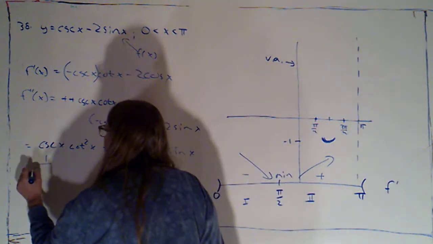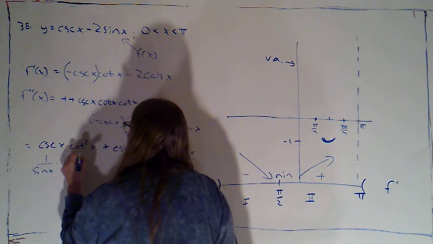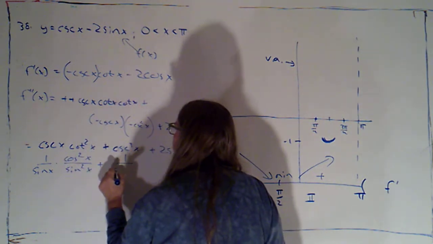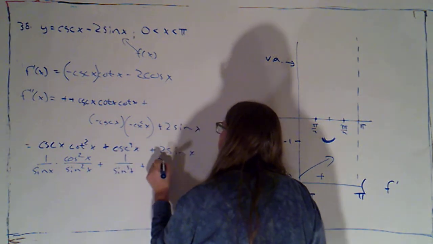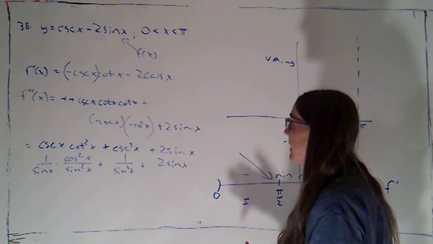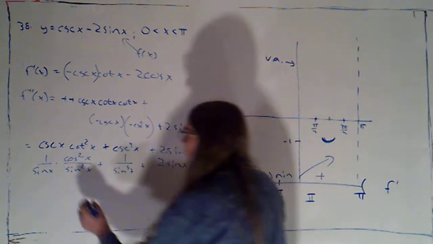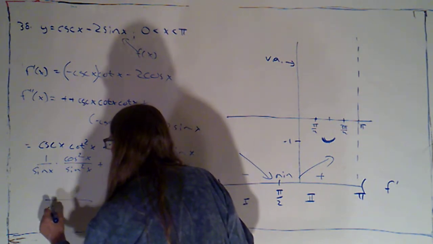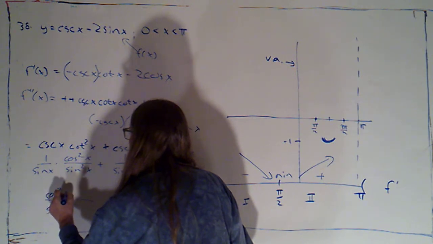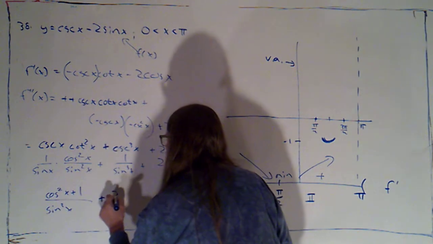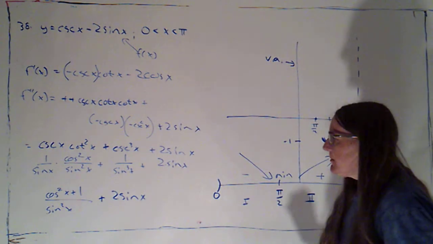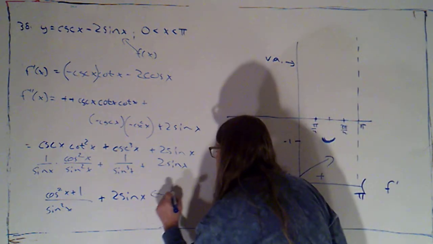So this is 1 over sine x times cosine squared x over sine squared x, plus this is 1 over sine cubed x, plus this is 2 sine x. Okay, so I can write this as 1 fraction over sine cubed x, combining those two pieces, and that's going to be cosine squared x plus 1, and then plus 2 sine x. Okay, I'm going to stop there because I'm at a point where I can see some interesting stuff.